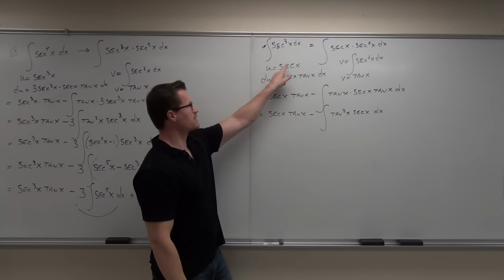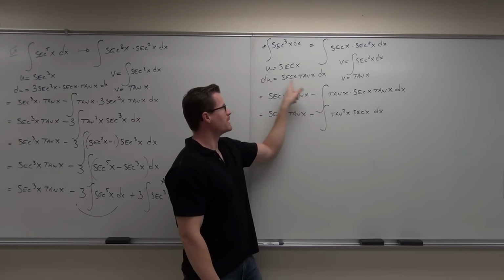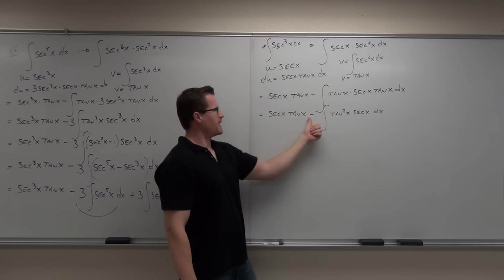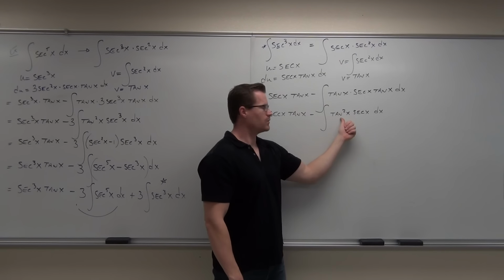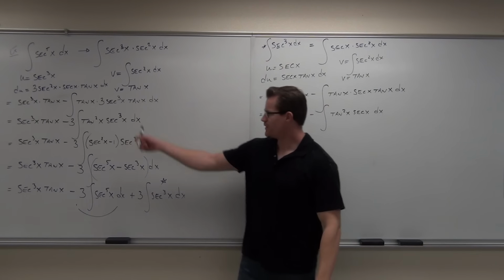So, u times v, got it. Minus integral of v, hey, no problem. Du, okay, it looks kind of nasty, but we can deal with it. Got that same thing, we'll simplify it a little bit. Tan squared.